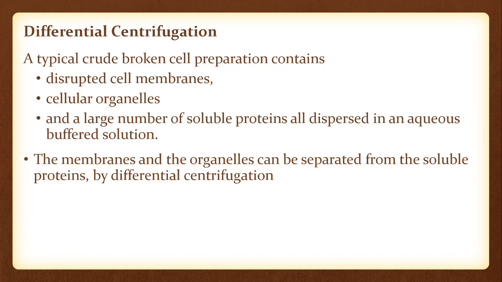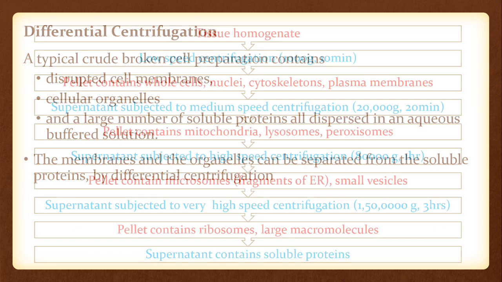Coming to differential centrifugation, based on molecular size or molecular sieving. A typical crude broken cell preparation contains disrupted cell membranes along with cell organelles and a large number of soluble proteins, all dispersed in an aqueous medium like a buffer solution. The membranes and organelles can be separated from the soluble proteins by using differential centrifugation.